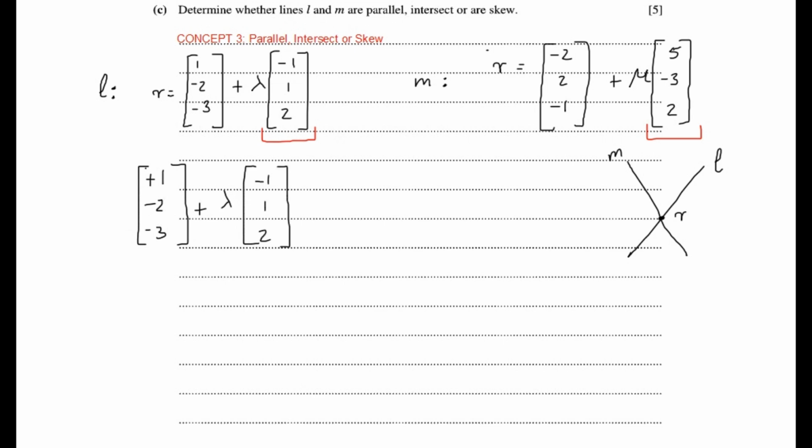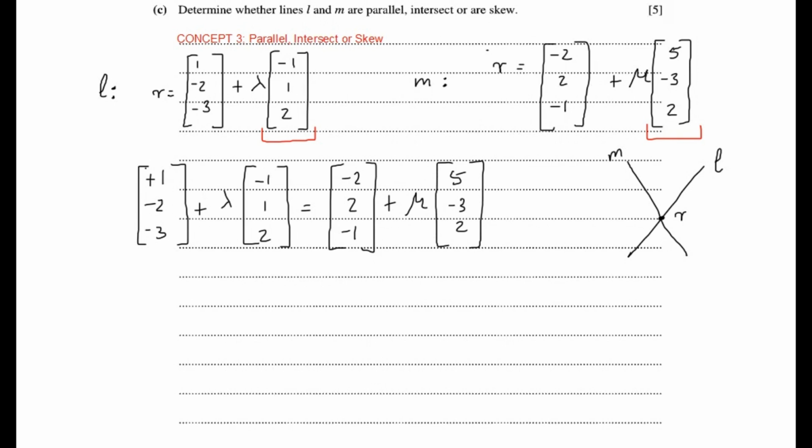We equate it to the other vector equation, which is (-2, 2, -1) plus mu (5, -3, 2). Right. Now we write down the parametric equations.